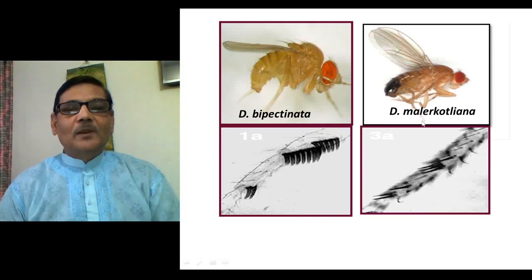But in malerkotliana, the sex comb pattern is different. In the first subtarsus segment, you can see a dark hair, this is the sex comb, followed by 3 hairs. So 1 followed by 3. In the second subtarsus segment, you can see 1 hair followed by 2.